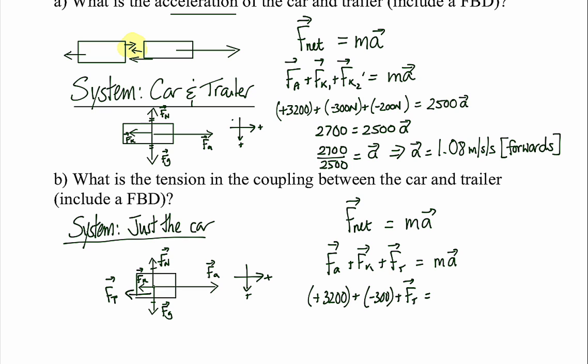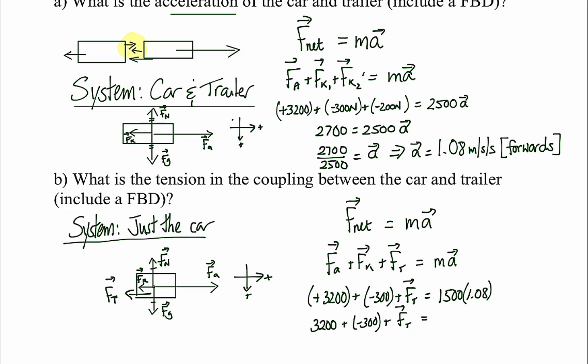The mass we do know, it's for the car, so it's 1500 kilograms, and the acceleration was 1.08. So what does that give us? 3200 plus negative 300 plus the tension force is equal to 1500 multiplied by 1.08.